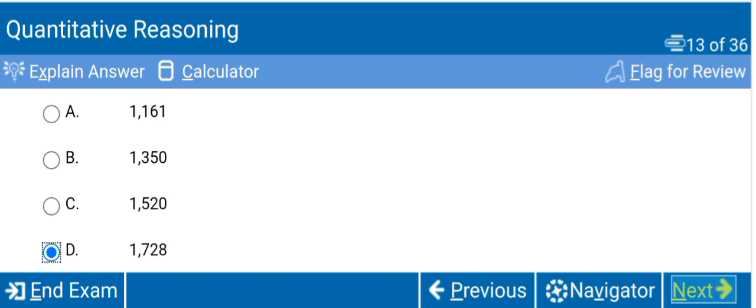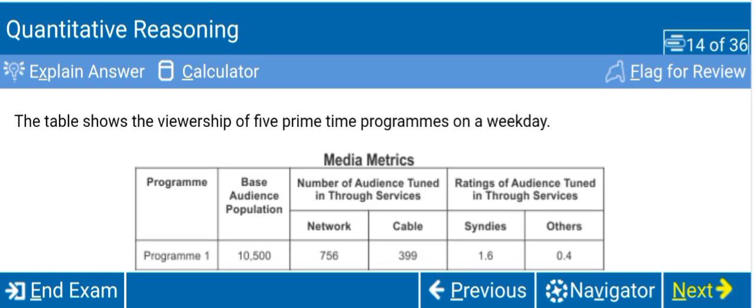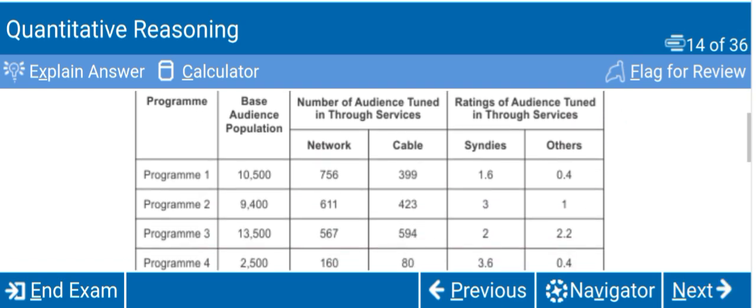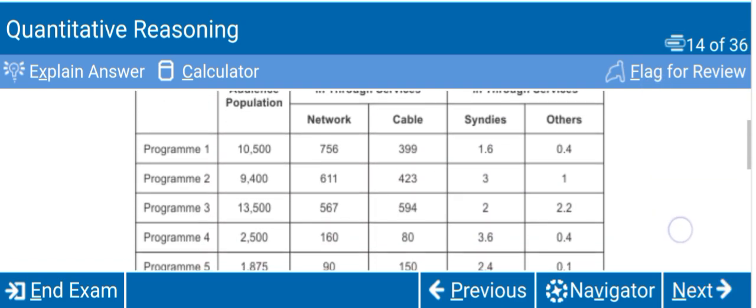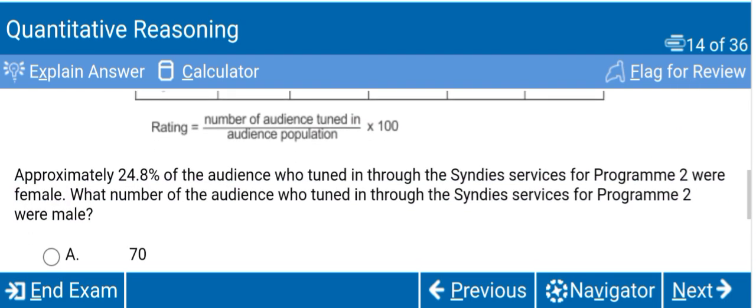Next question we have is question number 14 with the same information in the tabular form, as you can take a look in this one. So approximately 24.8% of the audience who tuned in through the Sydney's services for program 2 were female.